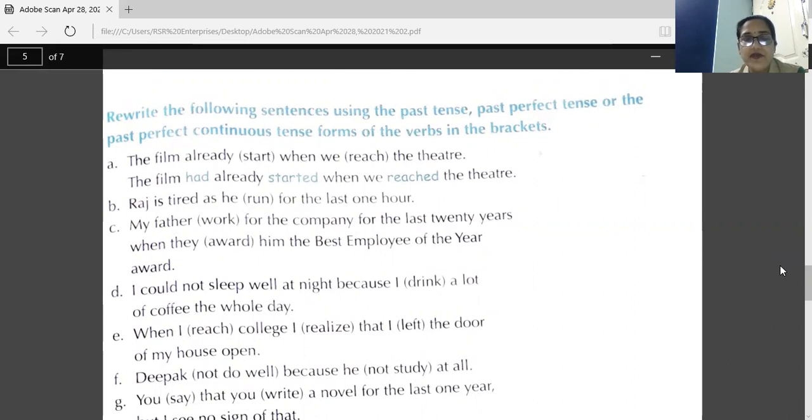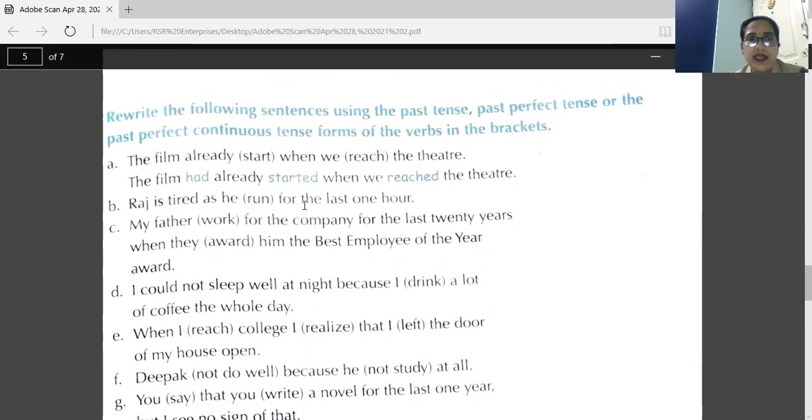Your answer is the film had already started when we reached the theater. That means before reaching, this work was already done. This is also done in the past and this was also done in the past, but this was done before this action. So here we have past perfect and here simple past.